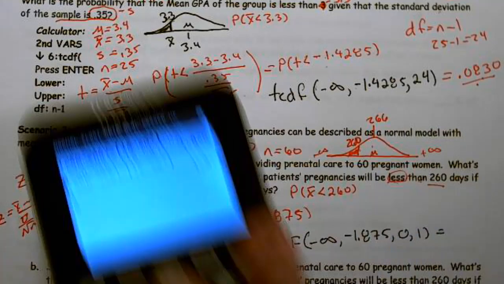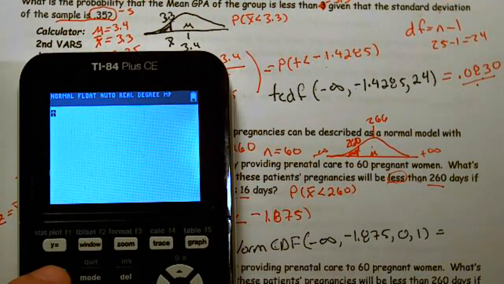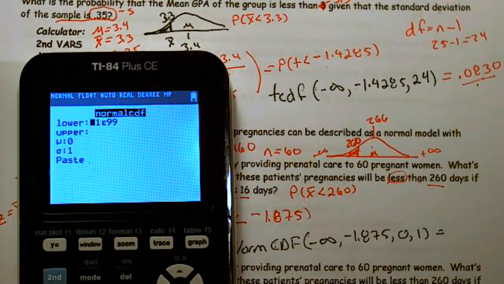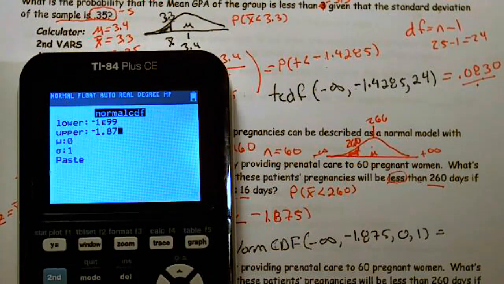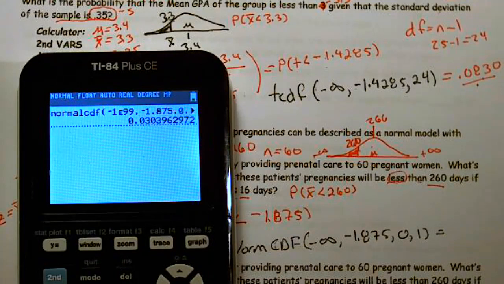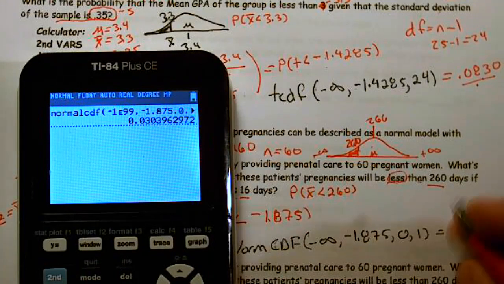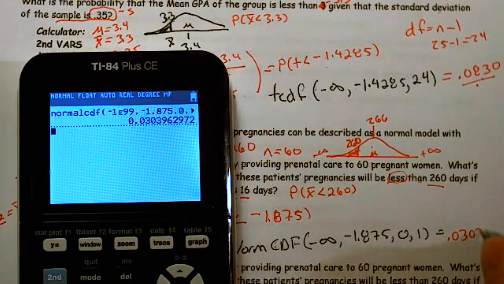So let's do this on the calculator. Second vars, normal CDF, lower negative infinity, upper negative 1.875, mean of 0, standard deviation of 1. And we get 0.0303 is our answer.